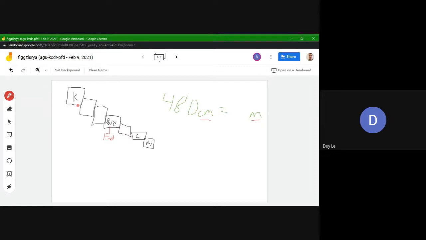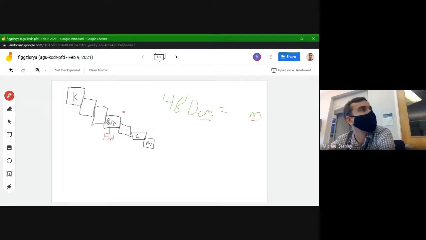Between on the right. Mm-hmm. On the right. So we got base, we got C, we got M. Which one do you think goes with centimeters? C. This is our starting point right here. So cm, centimeters, is our starting point. Meters is a base unit, so that's our ending point.